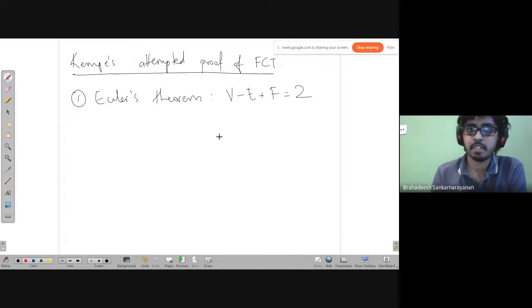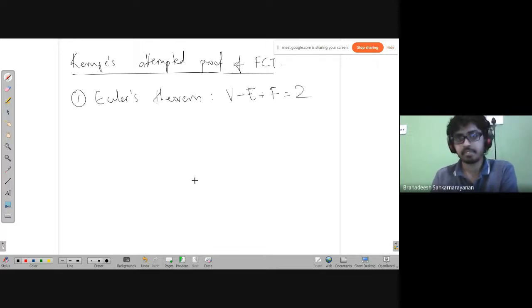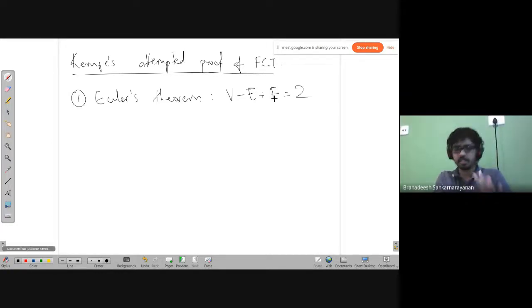No. So this is the statement that if you take a planar graph, and let capital V be the number of vertices of the graph, capital E be the number of edges, capital F be the number of faces. You know what a face is, right? Let's not get into a formal definition, but if I give you a graph, you can count the number of faces. Then you compute this quantity. It is always 2, regardless of which planar graph you pick. This is Euler's theorem.